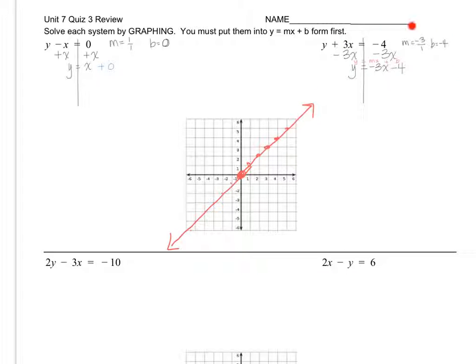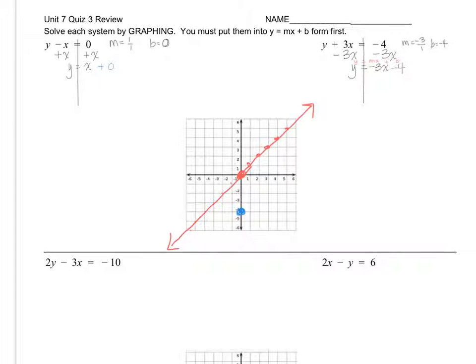Now I'm going to look at the graph on the right. Y equals negative 3x minus 4. My m is negative 3 over 1. My b is negative 4. So where y is negative 4, put a point. Unfortunately, I cannot go down 3.